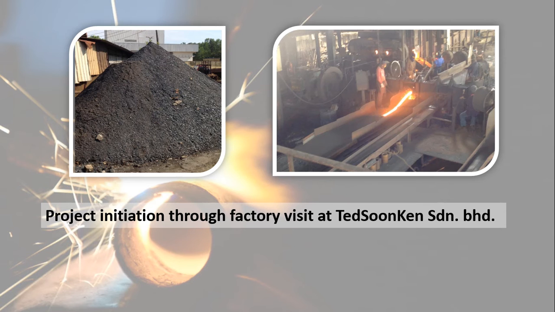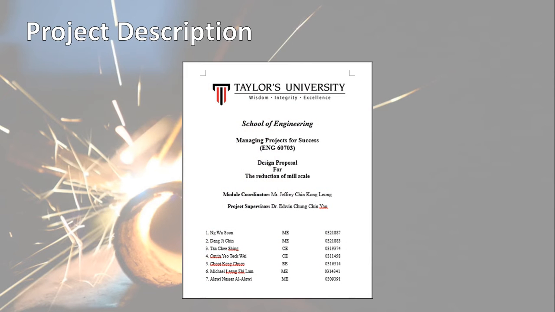So we also went to the factory, named Tek Sun Ken Zodiac Berhad, to find the challenge or the issue the factory is facing. And we found out that the factory has mildew formation problems. After we dug deeper into this challenge, we came up with a proposal to solve the formation of mildew.